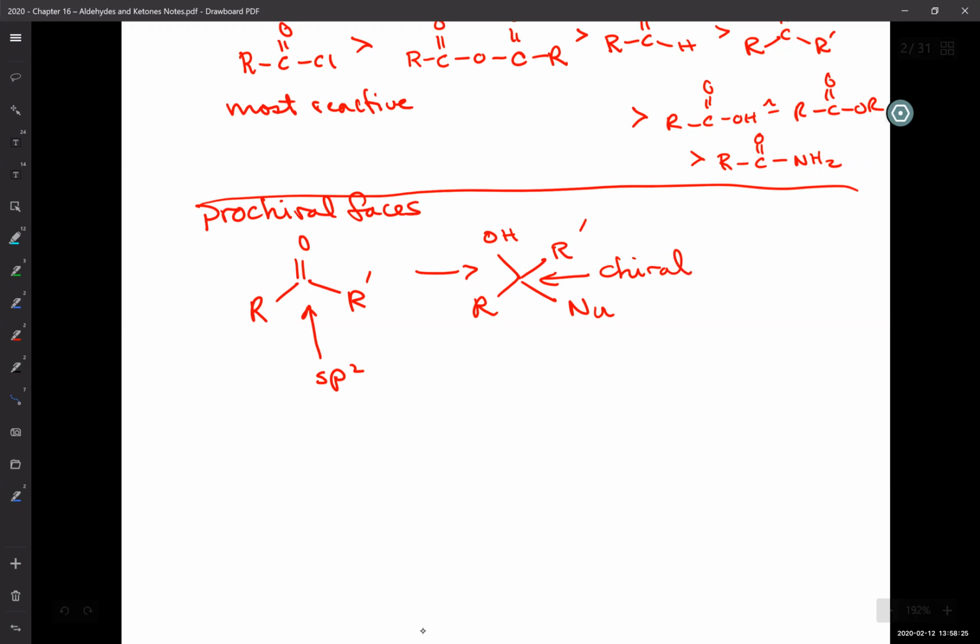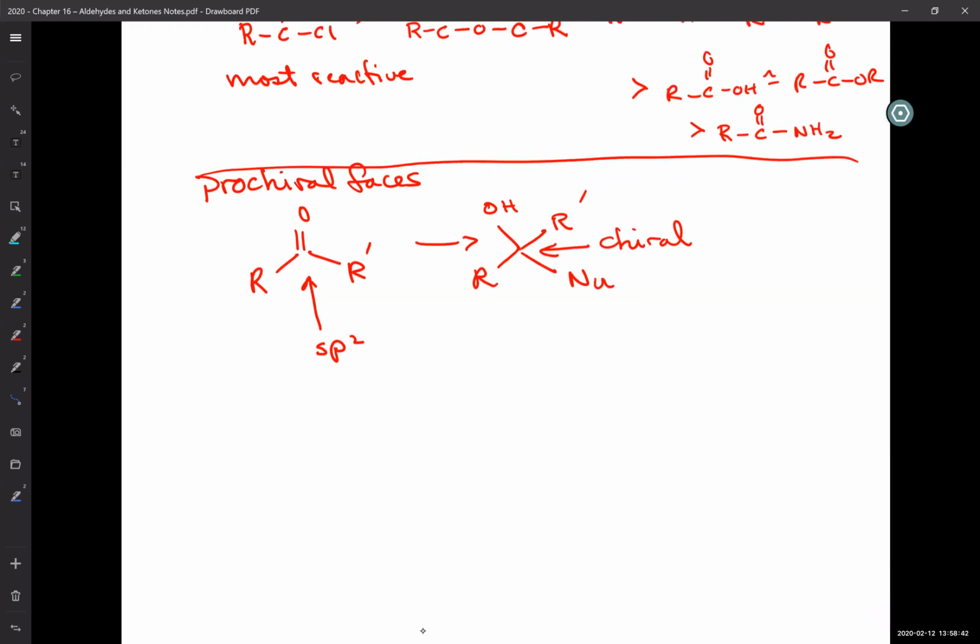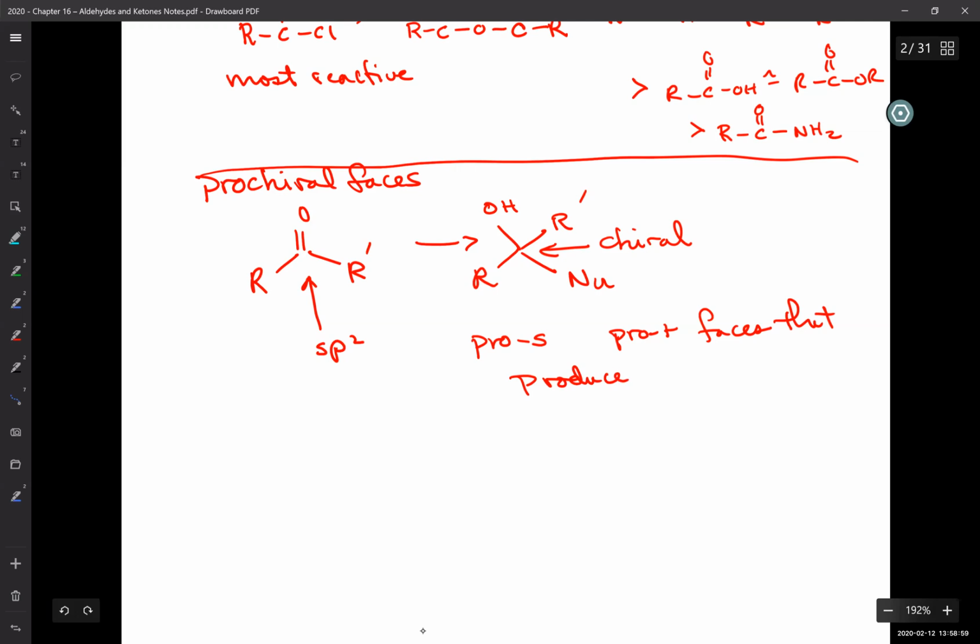So the faces are essentially the same to the nucleophile. The nucleophile comes in and attacks from one side, can make R, it can attack the other side and make S. So in terms of the faces, there are pro-S and pro-R faces that produce enantiomers.